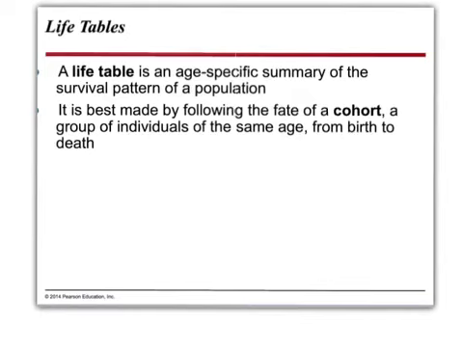So if we were to draw, say, a survival pattern of humans, what's the average life expectancy of humans? Somewhere around 75. For men it's about 73, and for women it actually has gone up to about 81.